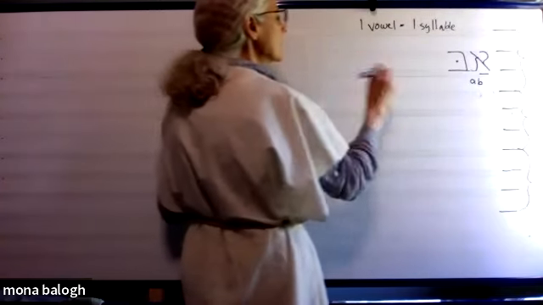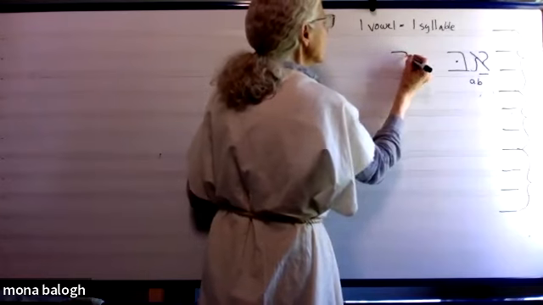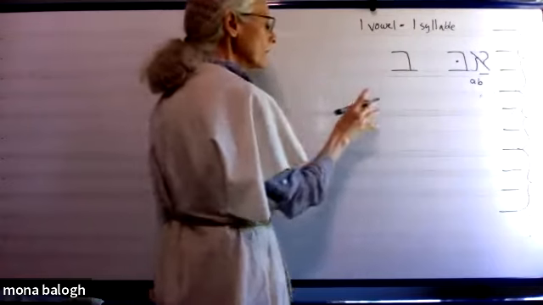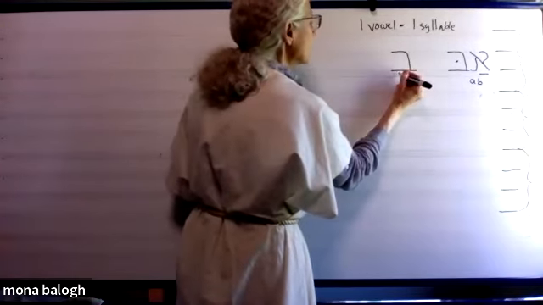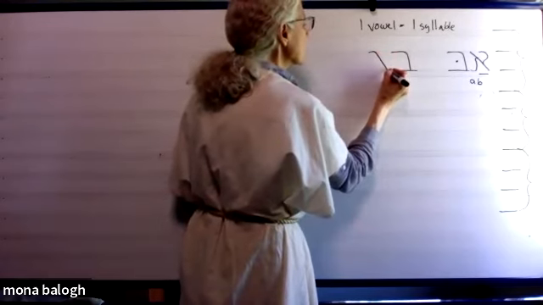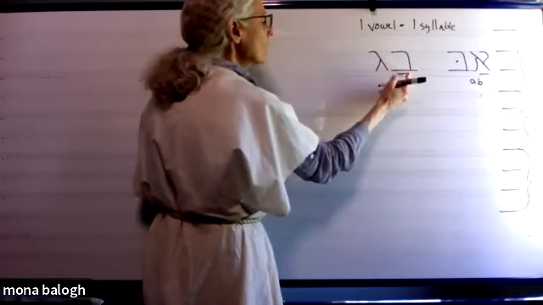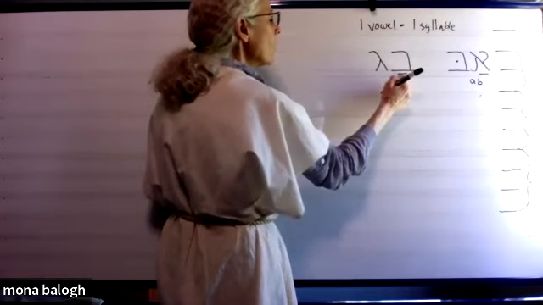Okay, let's do a few more of those. Let's do a vet. Go down the line of the letters. Vet, patach, gimel. These are made up words, but that's okay, it's just for exercise. Vag: one vowel, one syllable.